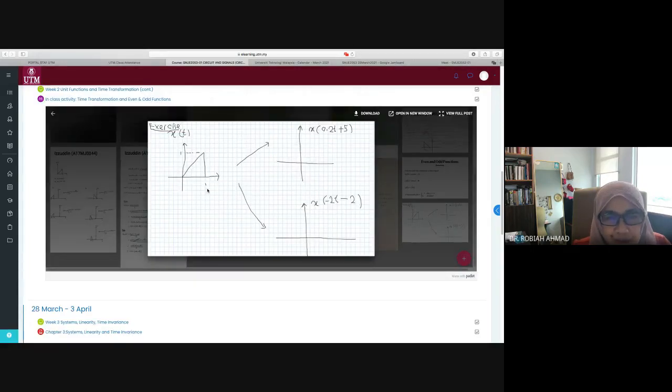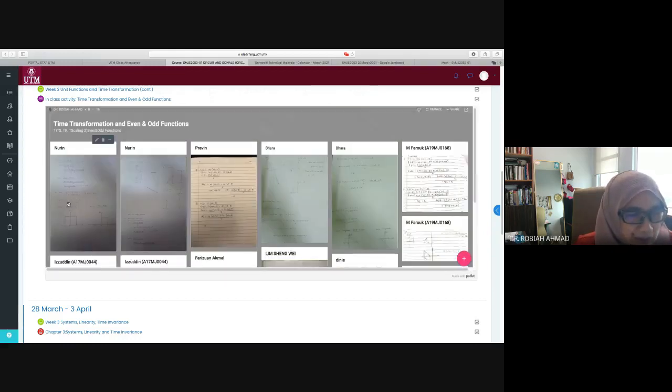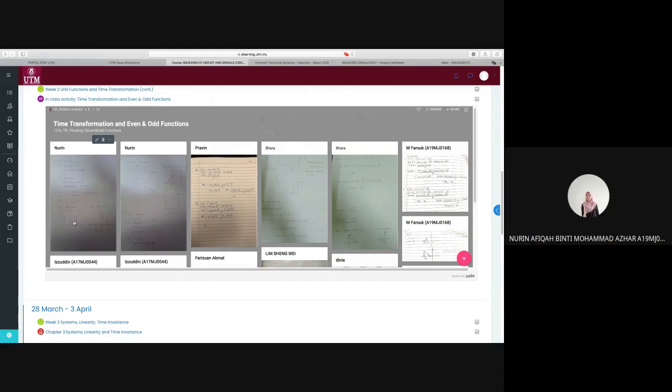This x(t) times 0.2, kita scalekan dia, 0.2 and then plus 5. This one ada scaling, ada reversal, ada shift. So tak ada mana tadi Nurin buat? Oh, that one. Doktor, sebelah ada.